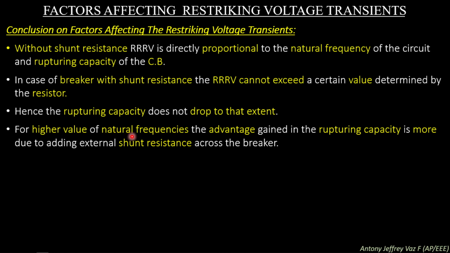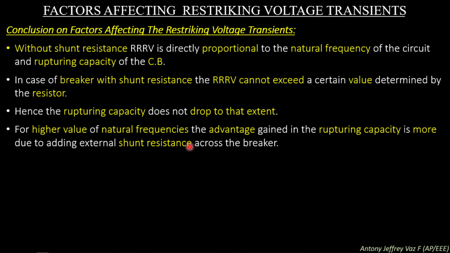For higher values of natural frequencies, the advantage gained in the rupturing capacity is more due to adding external shunt resistance across the breaker. So if the natural frequency is high and the power system is very large or very complex, it is a very good practice to add a shunt resistance across the circuit breaker contacts, and this shunt resistance helps us to decrease the rate of rise of restriking voltage and the maximum value of restriking voltage, and it will increase the lifetime of the circuit breaker.